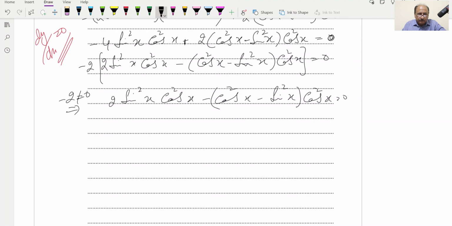So this one we can rewrite as 2 sine square x.